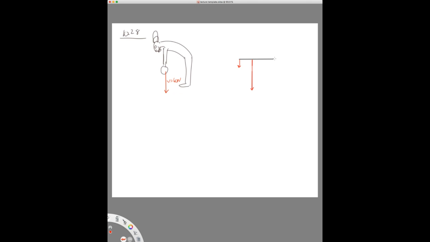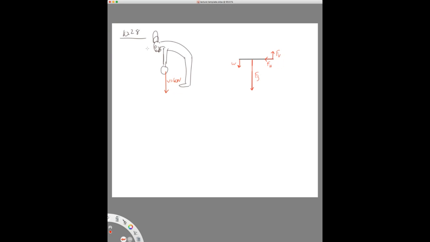And then at her hip, there's going to be a force that they call the horizontal force, and then the vertical, sorry, that should be up, the vertical force. So this is the setup. So we have the force of gravity and the weight and a force vertical and a force horizontal that are the forces at the hip joint.